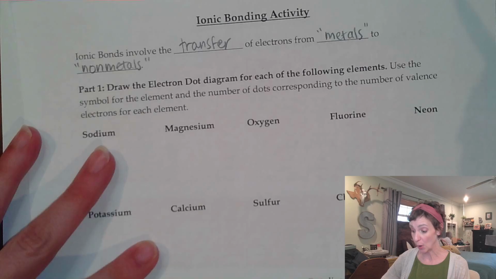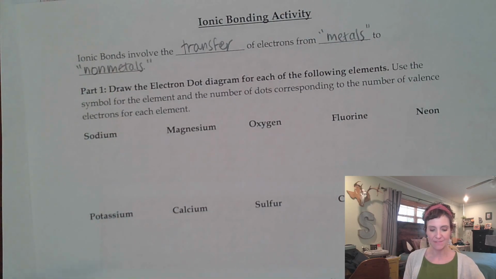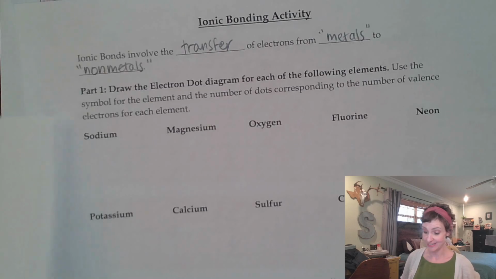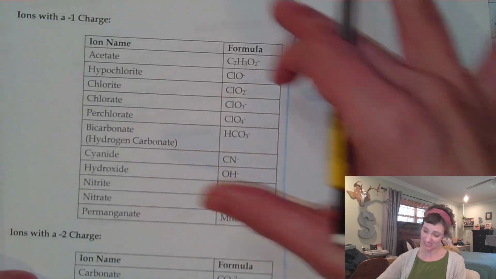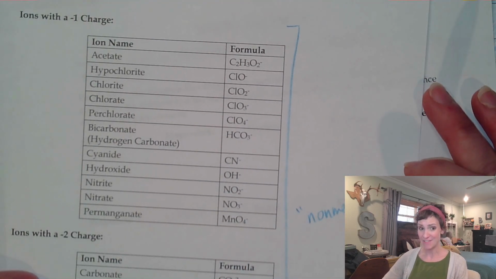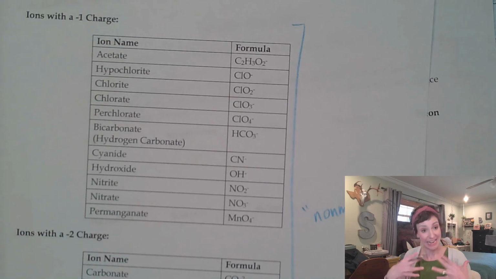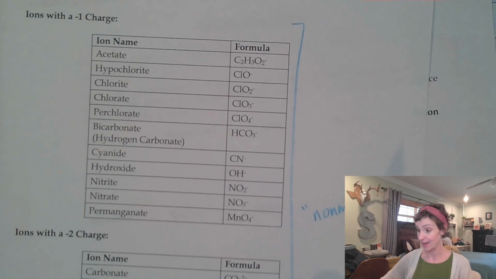The reason why I put metals and nonmetals in quotes is because we now know we have these things called polyatomic ions, and some of the polyatomic ions have negative charges, right? And so if they have a negative charge, that is showing them gaining an electron, which means they can be one of the components or one of the key players in forming an ionic bond.